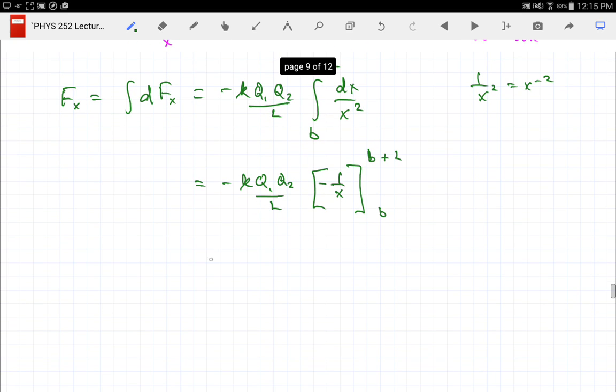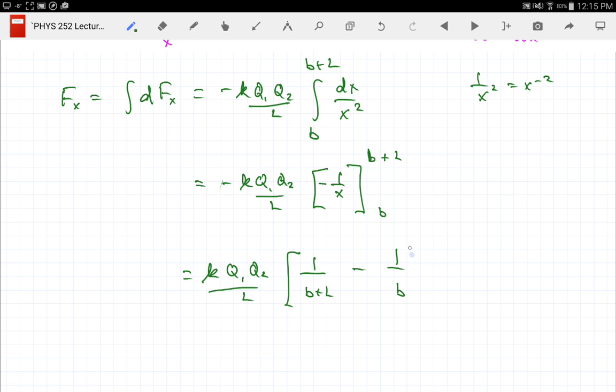So we put in these limits. Now notice I have a minus and a minus, so I'm going to go ahead and make this a positive: k Q1 Q2 over L, and then put in the upper limit, 1 over b plus L, minus the lower limit, 1 over b. What do you do now?